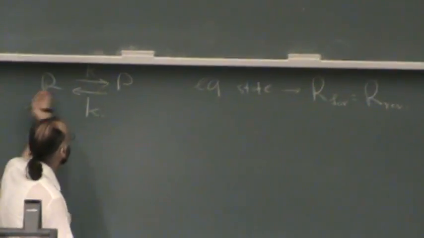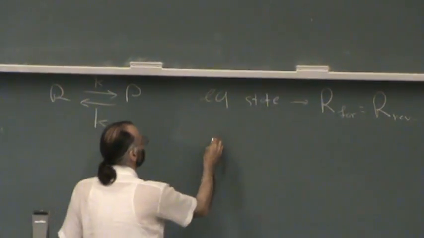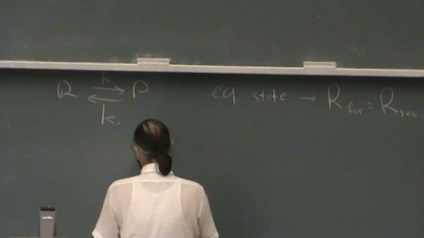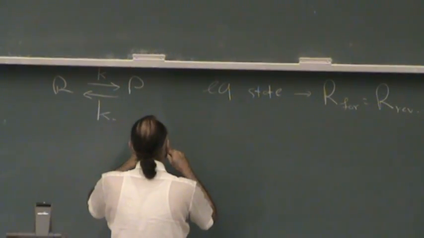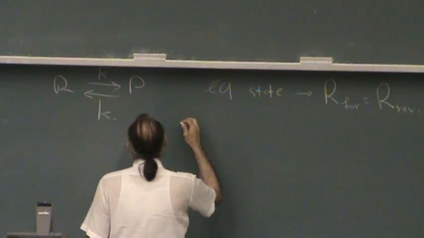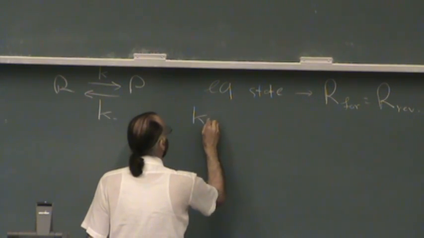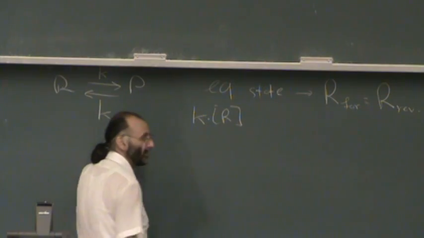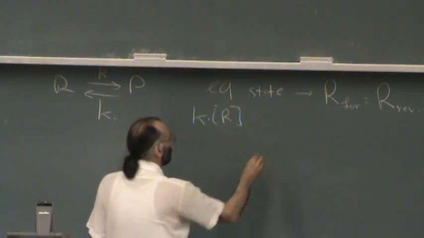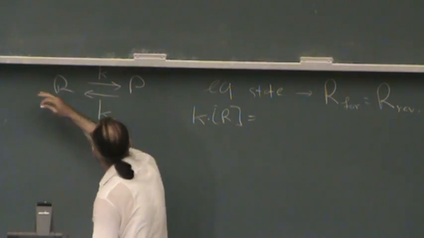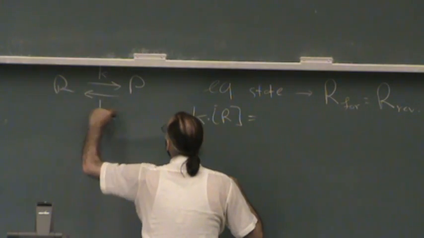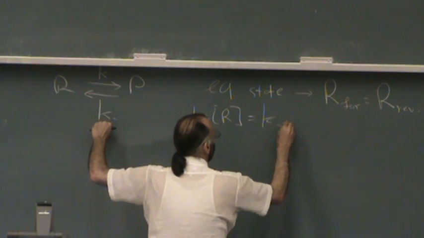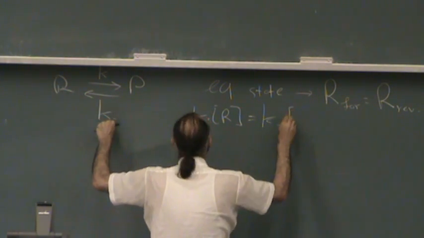The rate of the forward reaction will be what? We make it a simple case here. So the forward will be rate constant times the concentration of the reactant, right? Just use a simple equation to make things easy. The reverse reaction is going to be its rate constant times the concentration of its reactant.